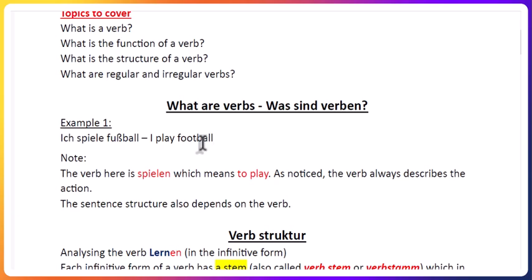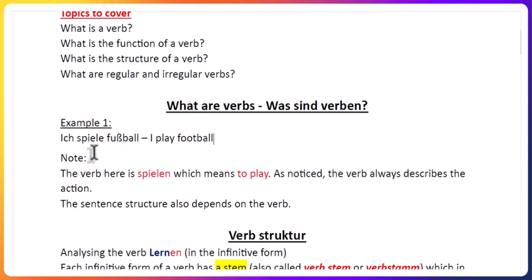Because we already know, and I've talked about it in the other lessons, that in German a sentence is always conjugated.